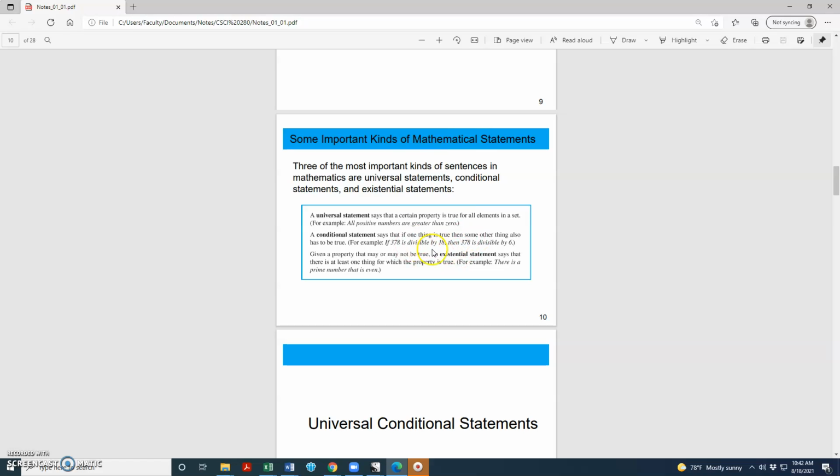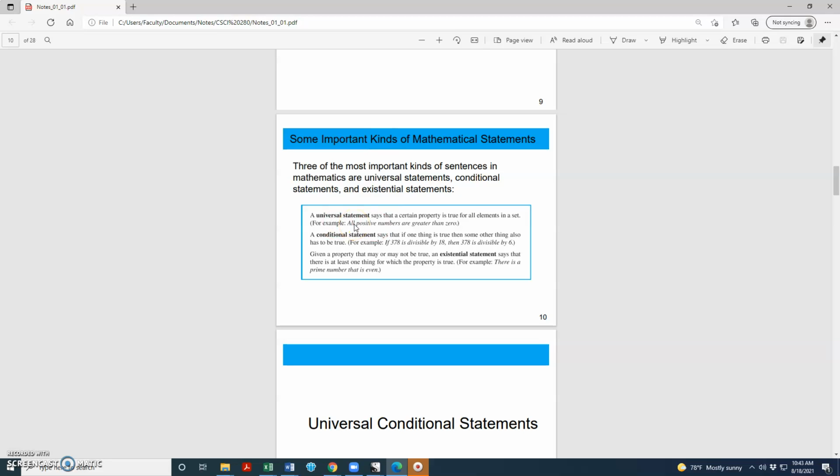Right now I don't care about the rest of the problem, just that it's got the if and then the then. Our final type of statement is an existential statement. Think of it as a statement of existence. So you'll see "there is" or "there exists." One distinction I want to note is that universal means it has to be true for every number that we've said it works for.